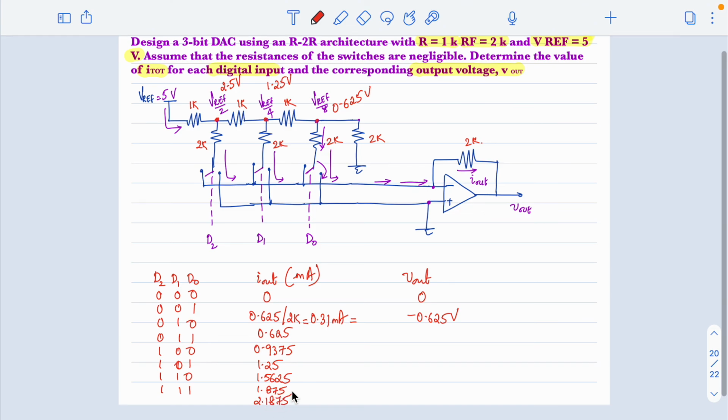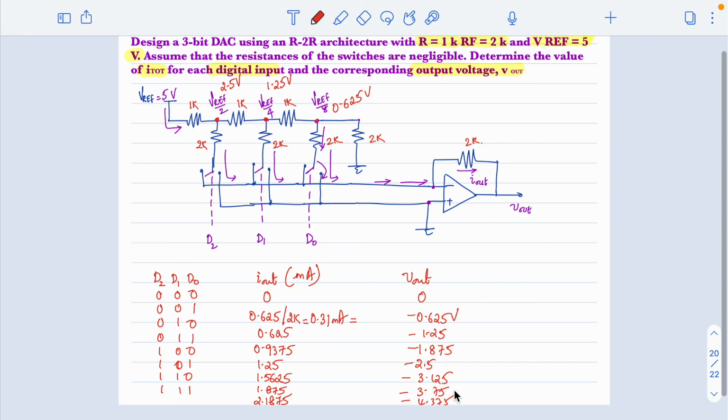These are the values for the corresponding digital input data, and the output voltages are minus 1.25, minus 1.875, minus 2.5, minus 3.125, minus 3.75 and minus 4.375.